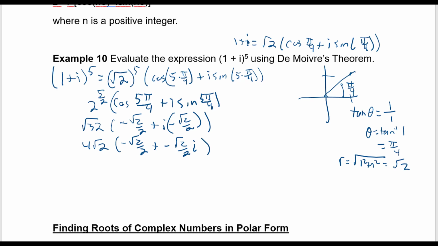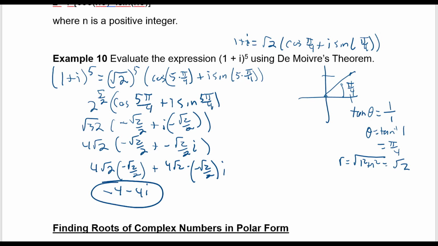So that'll be 4 times the square root of 2 times negative square root of 2 over 2, plus 4 times the square root of 2 times negative square root of 2 over 2 i. Square root of 2 times square root of 2 is 2, so that would cancel the 2 down below in both cases. So the negative is still there. Negative 4 minus 4i. That's what I get as a final result. Okay, that was kind of fun.